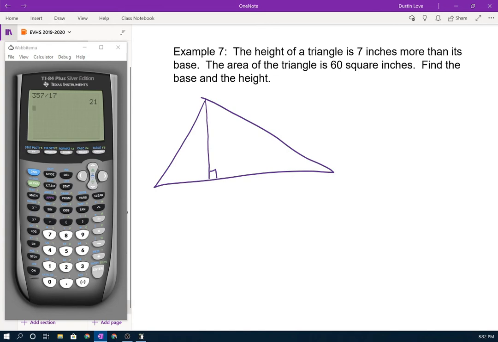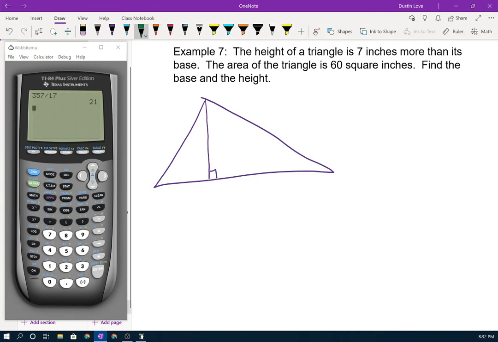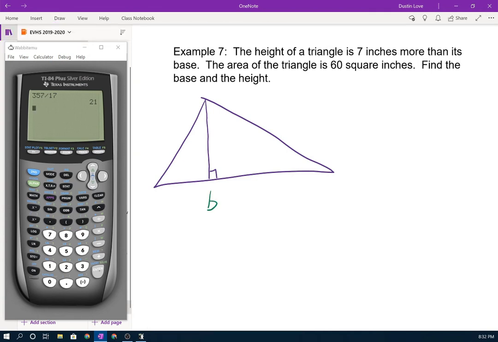So I know that my base down here is just going to be b, and the height right here is, well, it's 7 more than the base. If the base is b, then it's going to be the base plus 7. Now the area of the triangle is 60 inches squared.